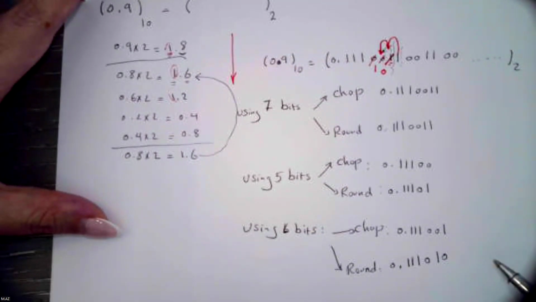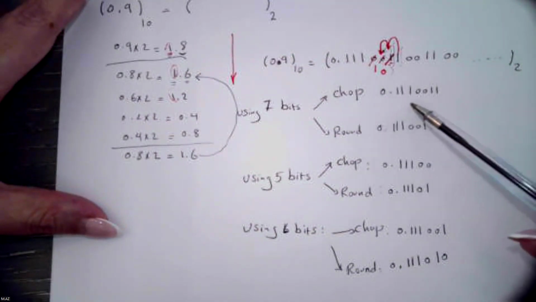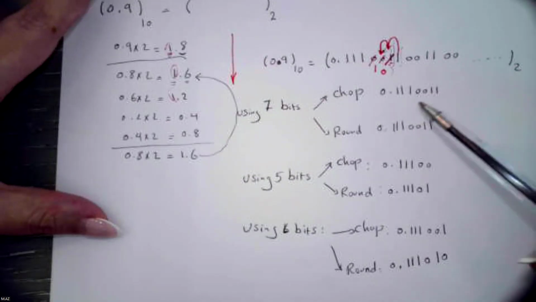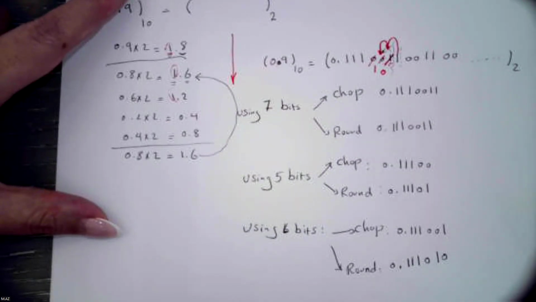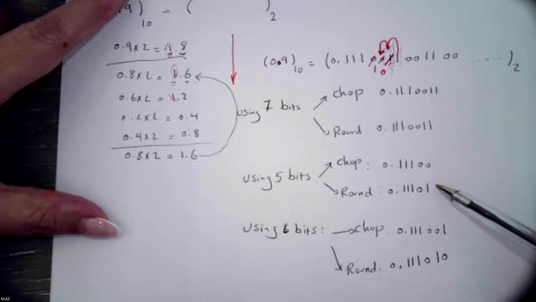For some conditions, when we convert these numbers to decimal, the chop and the round give the same value. But how about these two conditions? Okay, the chop and round are different, okay? And when we convert this binary number to decimal, the round number is larger than the chopping number.